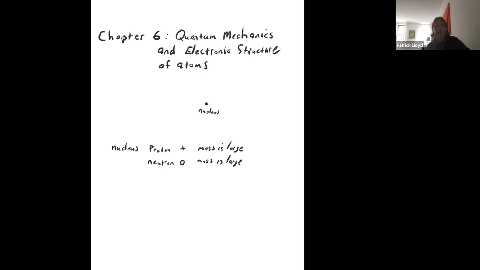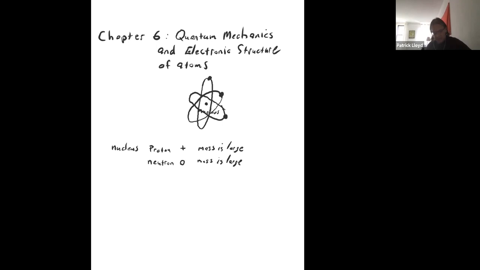Okay. Outside of the nucleus are these particles, which are called electrons, which are in orbit around the nucleus. So there could be, for hydrogen, there's only one, but for other atoms, there's a bunch. And so these are little electrons whipping around the nucleus.